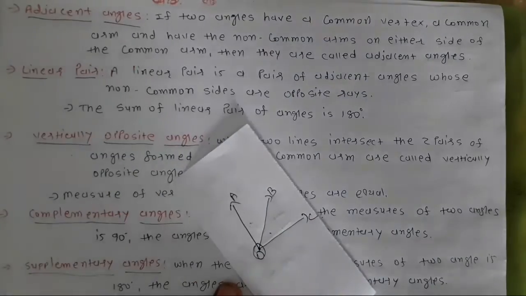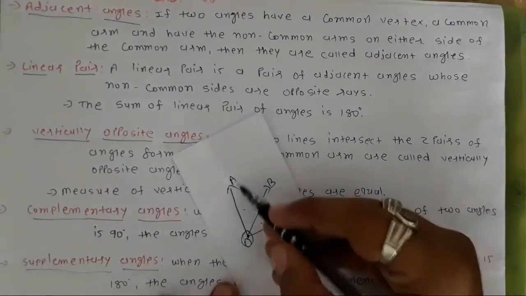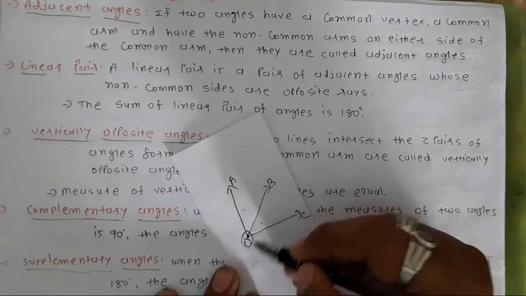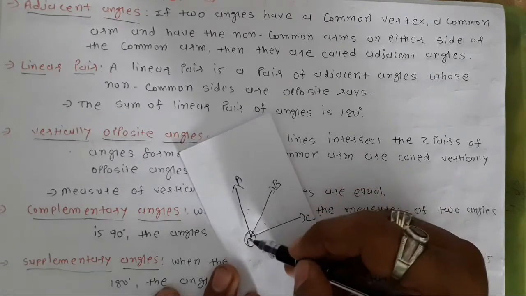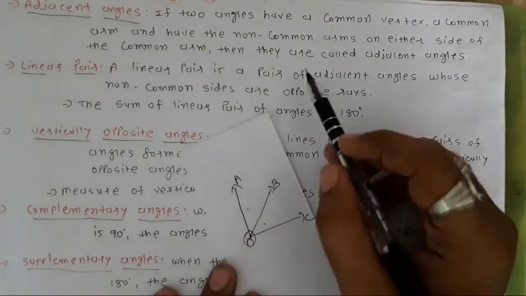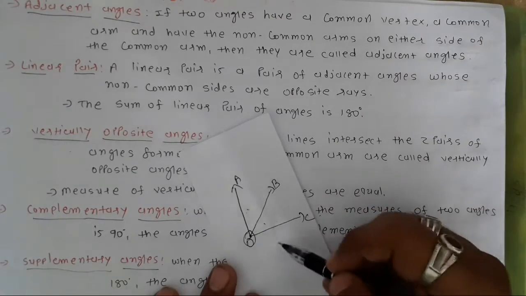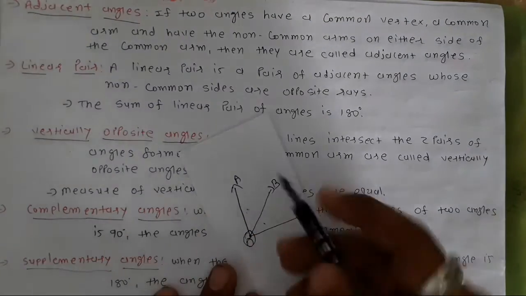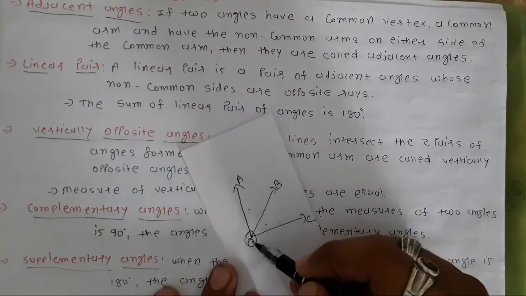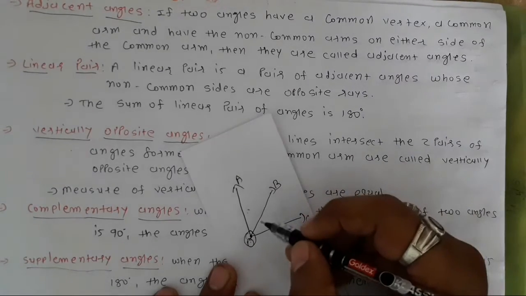Now a common arm means the arm which is there in both angles. In angle AOB, arm OB is there. In angle BOC, arm OB is there. So the common arm is OB. The non-common arms are on either side of the common arm. OA is a different arm, and similarly here OB is the common arm but OC is the non-common arm. Then they are called adjacent angles.